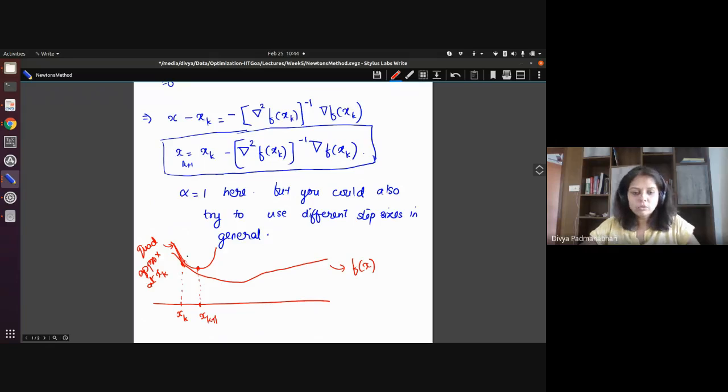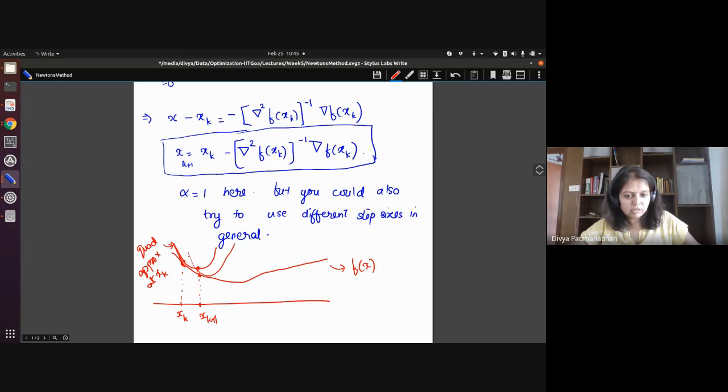Then you come here and again construct the next approximation at this point. My drawings are a little bad, especially on a tablet, but the idea is that you construct the quadratic approximation, find the minimizer of that approximation, and that's your next point. And you keep doing this.